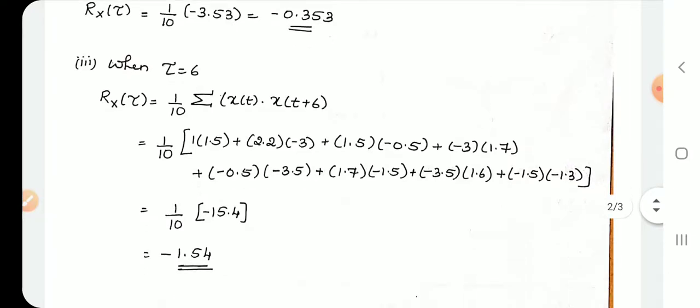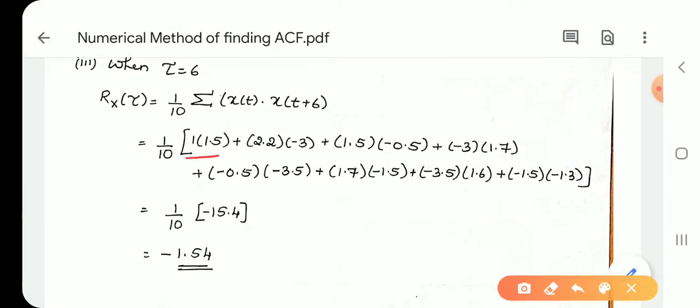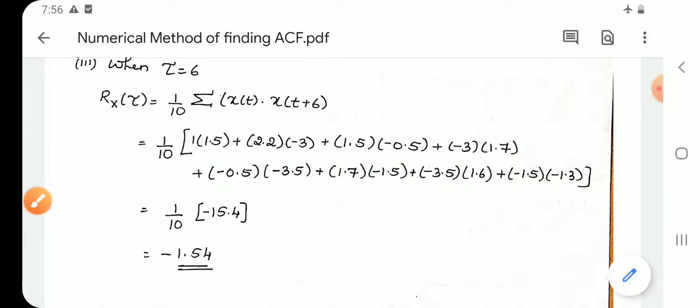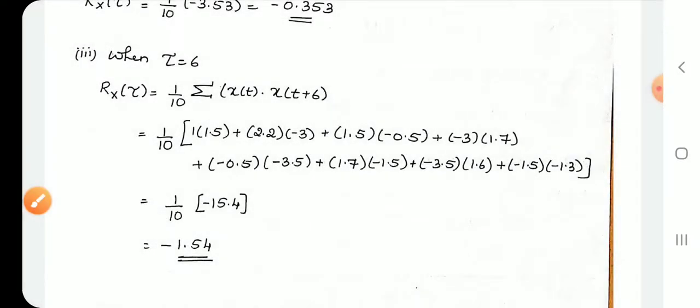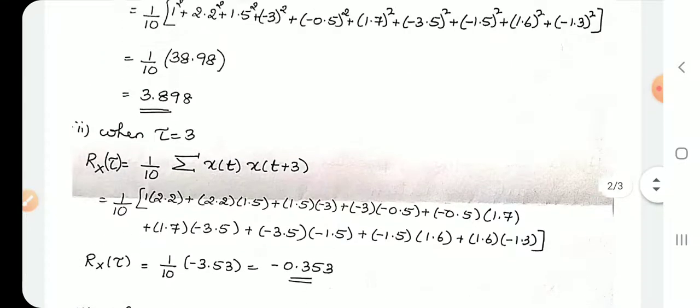That is what we have done here: 1 into 1.5, 2.2 into minus 3, 1.5 into minus 0.5, like that. Alternate numbers we will multiply and add, and when we divide by 10 we get the value as minus 1.54. So this is the value of Rx of tau at tau is equal to 6.